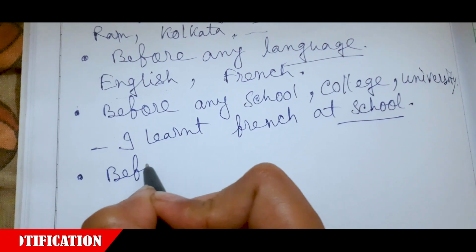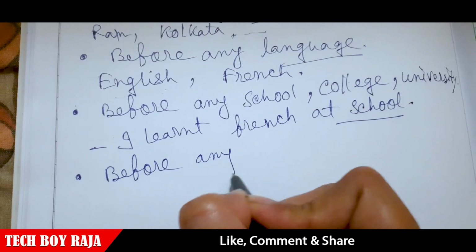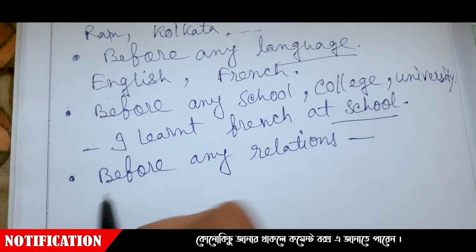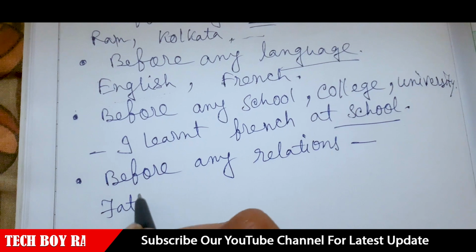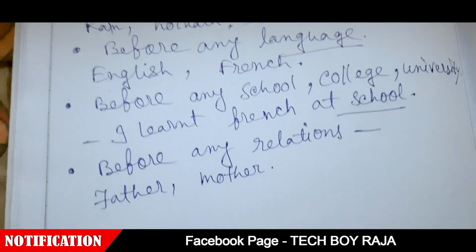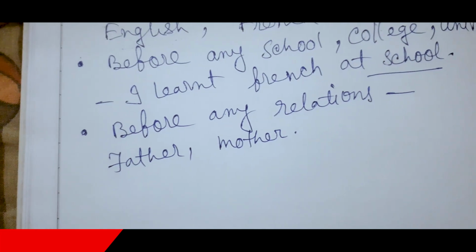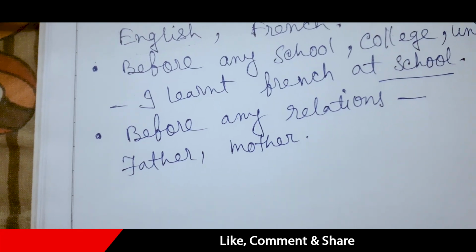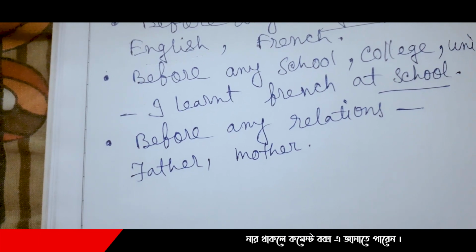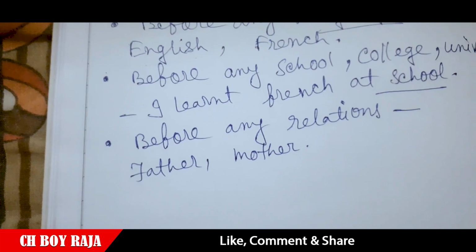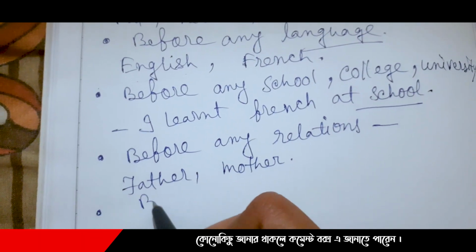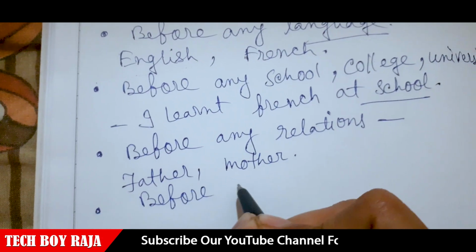So before any relations like our father, mother, parents, aunt, many more are there, no need to use the articles there. Then before any predictive nouns, like principal, chairman, who are holding a position, from their position we understand them. So before any predictive noun, no need to use articles.